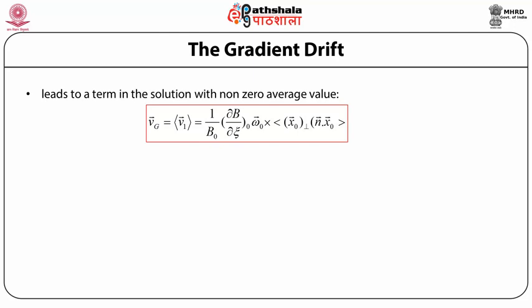in the solution with non-zero average value, Vg = time average of V₁ = (1/B₀)(∂B/∂ζ₀) ω₀ × time average of x₀⊥(n̂·x₀).